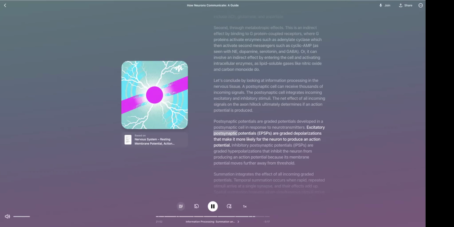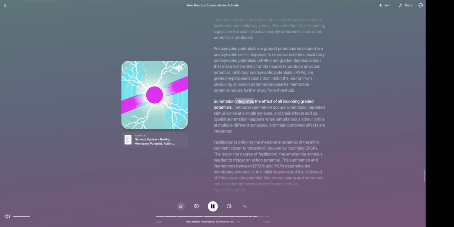Excitatory postsynaptic potentials are graded depolarizations that make it more likely for the neuron to produce an action potential. Inhibitory postsynaptic potentials are graded hyperpolarizations that inhibit the neuron from producing an action potential because its membrane potential moves further away from threshold.